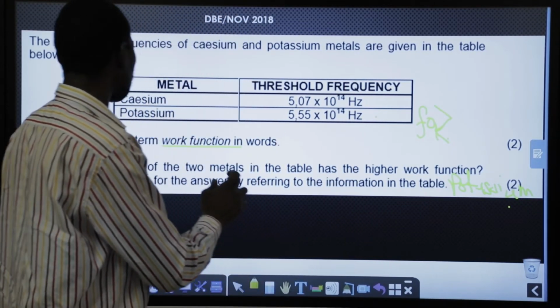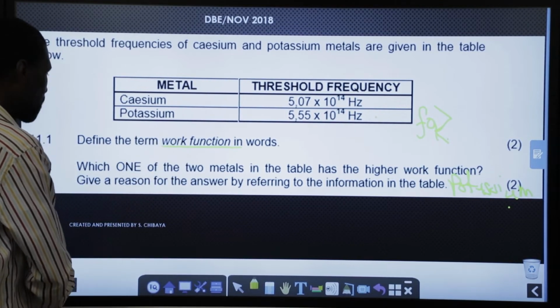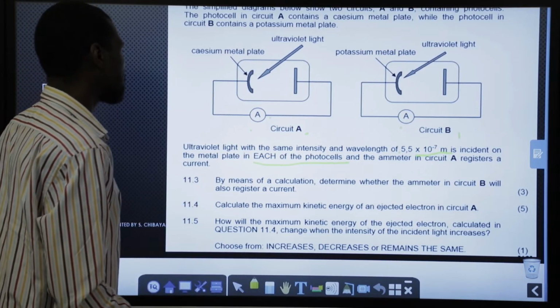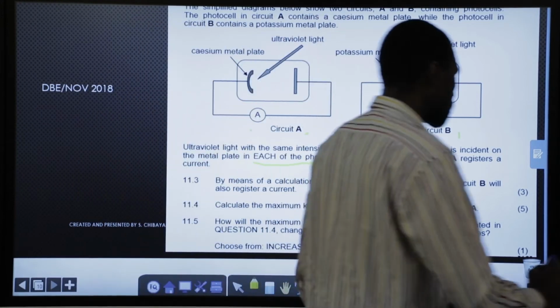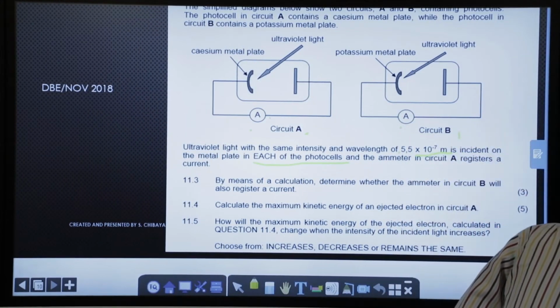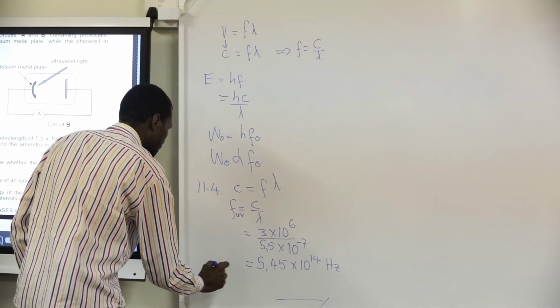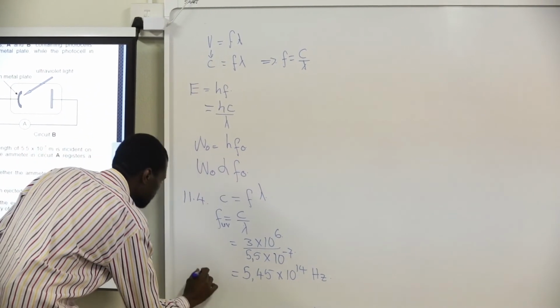Which means therefore that there will be no emission of electrons in circuit B. So the frequency of the UV is less than the threshold frequency of potassium.